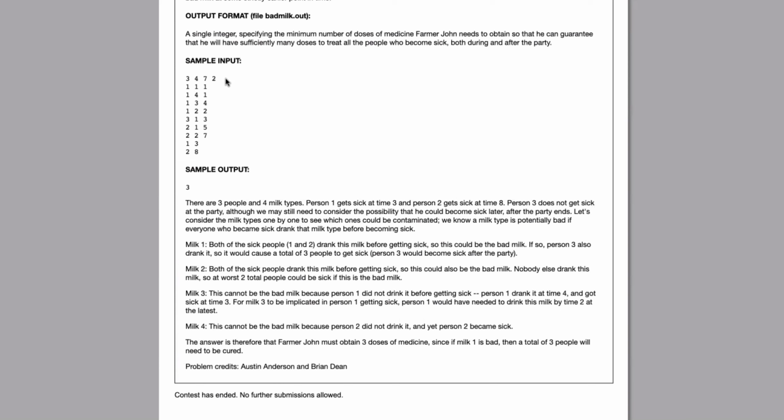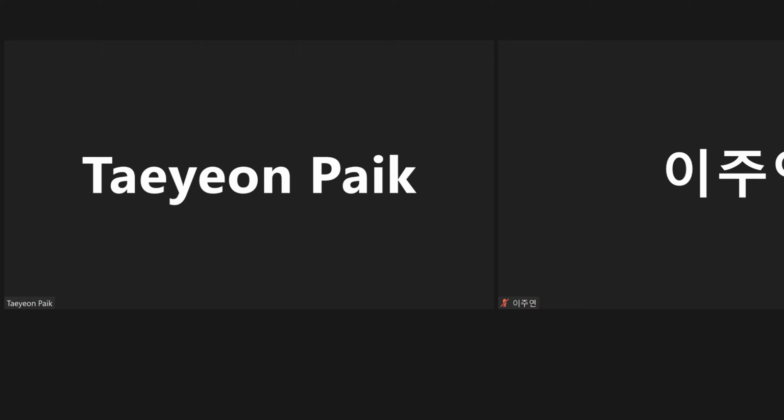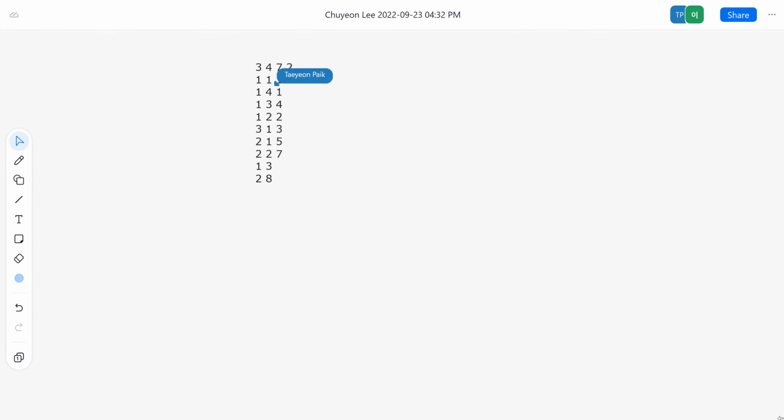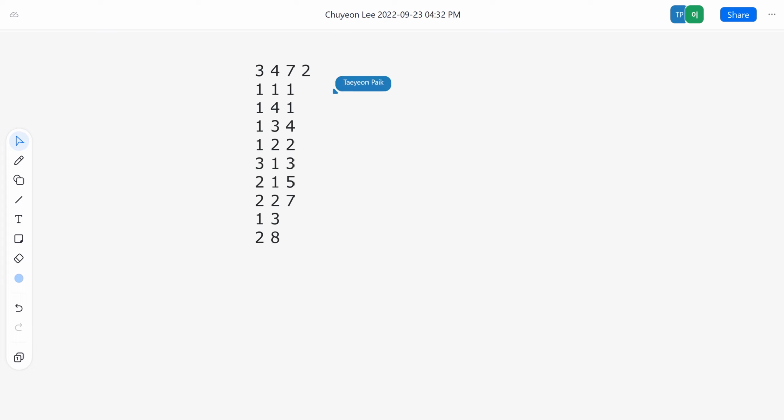So for this sample input, the first 4 numbers describe the following.